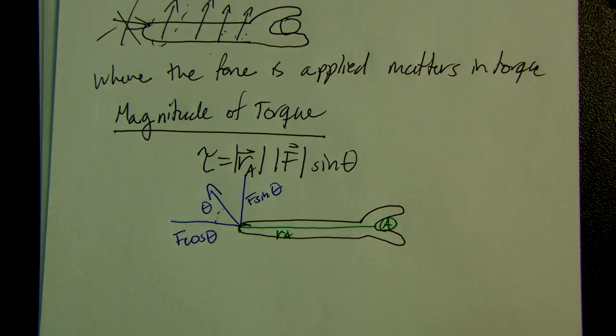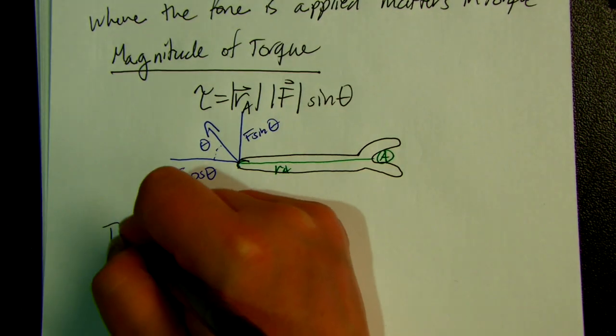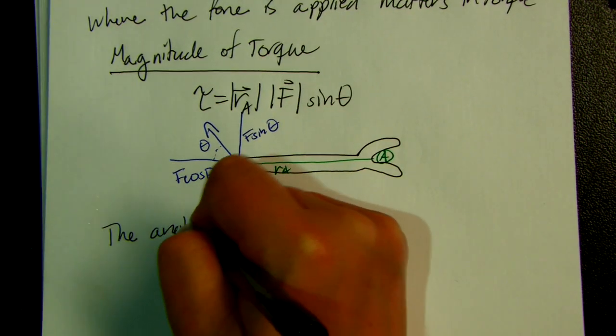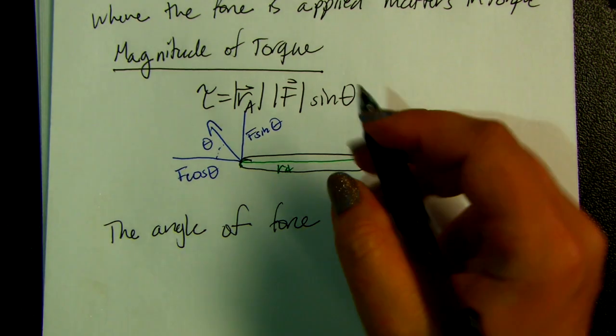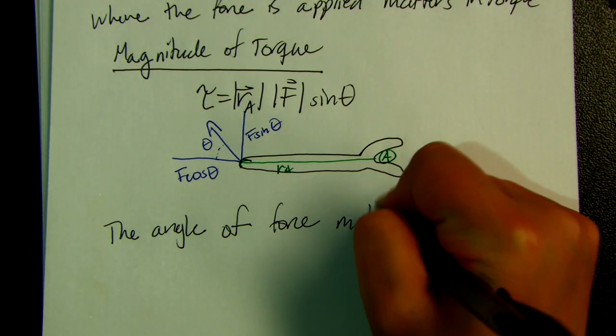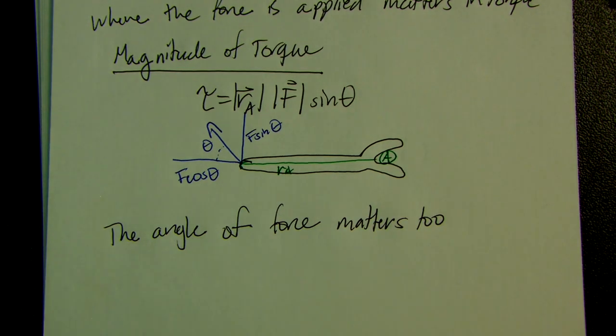And then F sine theta. Okay, and what we can see from here is that the angle of force matters as well. So where you're applying it and also at what angle makes a difference into how effective your torque is going to be at changing the angular momentum.